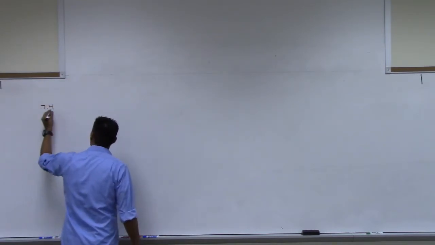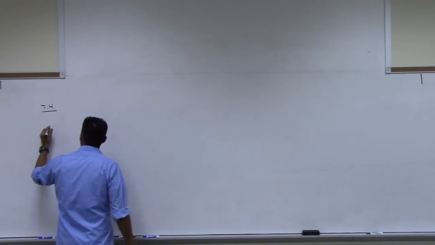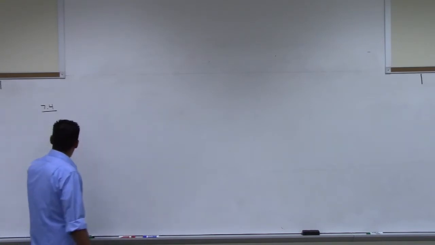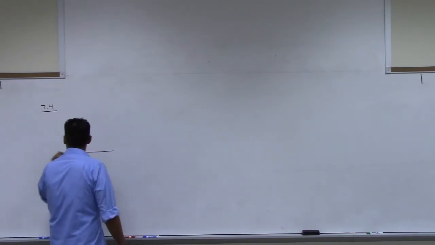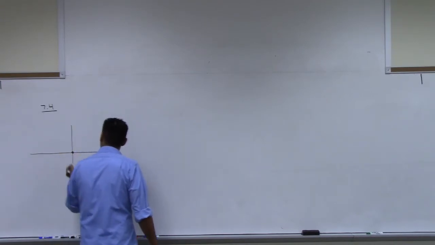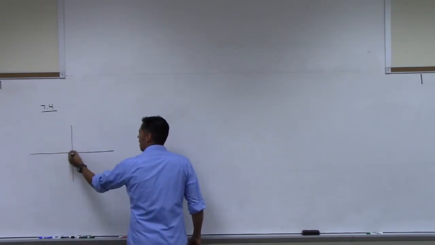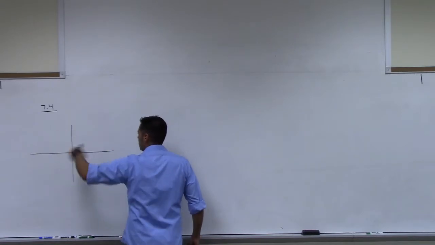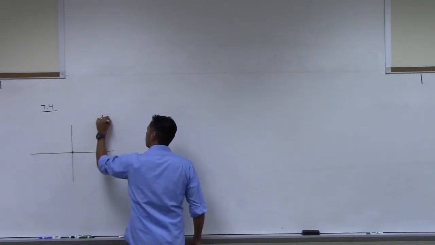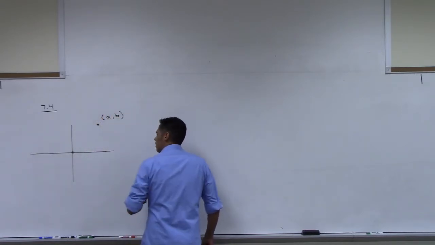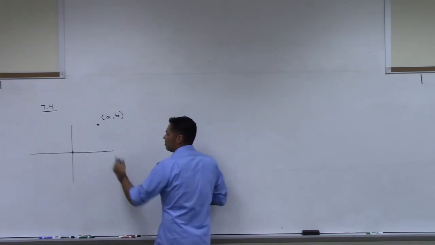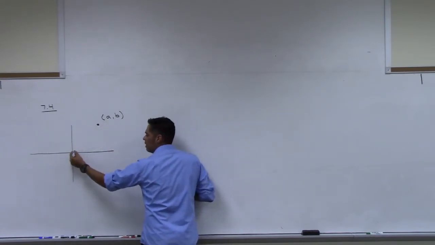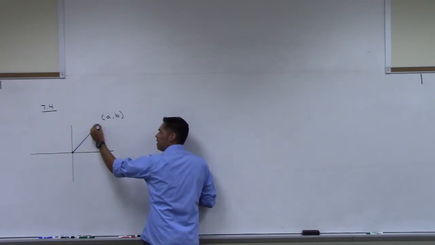Section 7.4, here's what we're going to start with. Suppose you have a point at the origin, and then you have another point, anywhere, doesn't matter where it is, some other point (A, B). Do you agree with me that as long as this point is not the origin, there is some distance from here to here?